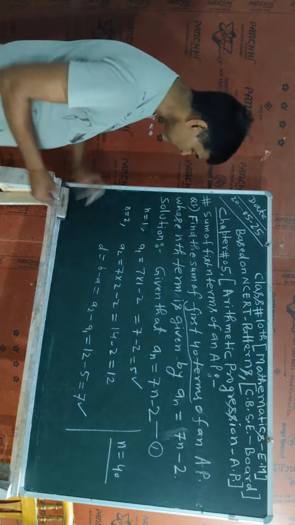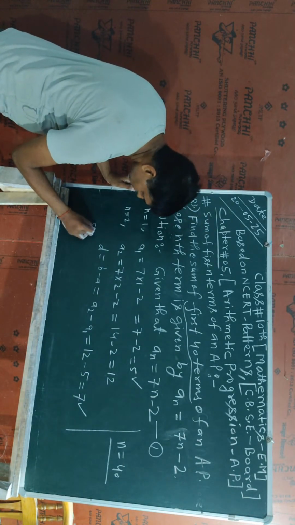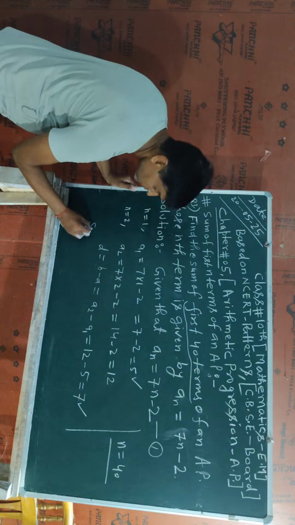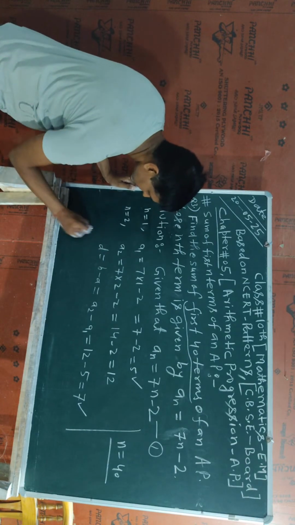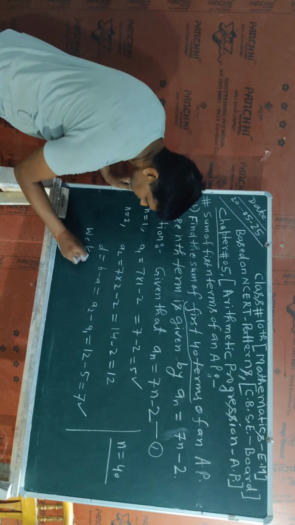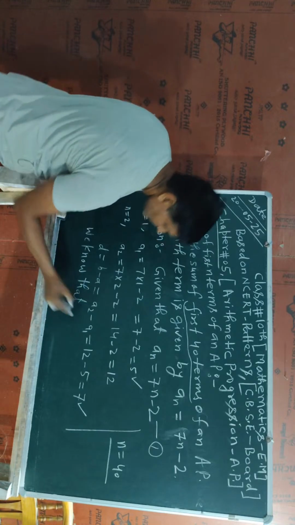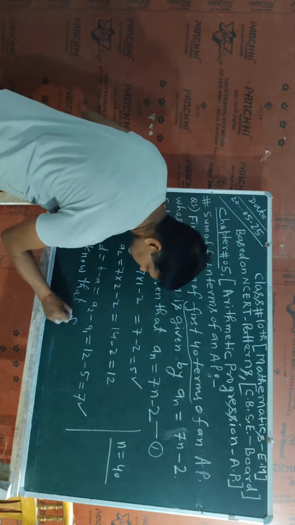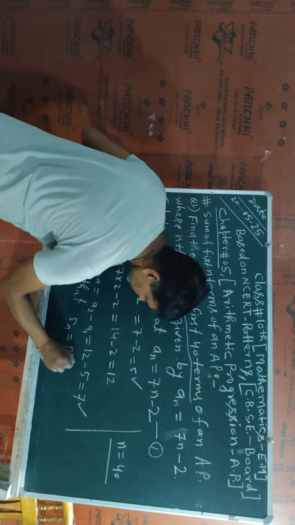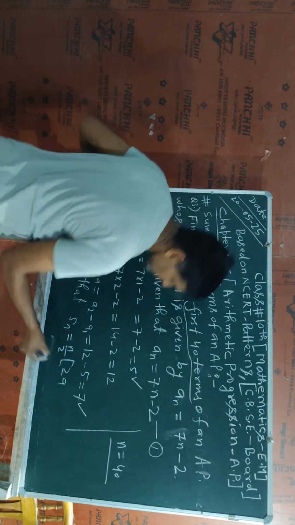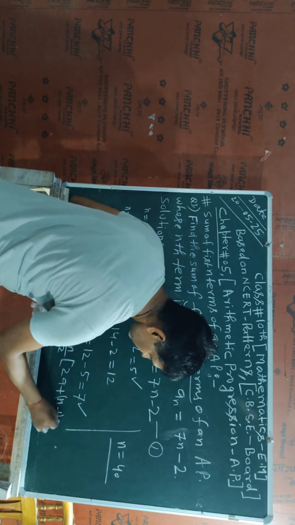So here I will write one statement. We know that Sn is equal to n divided by 2, in the bracket 2a plus n minus 1 into d.